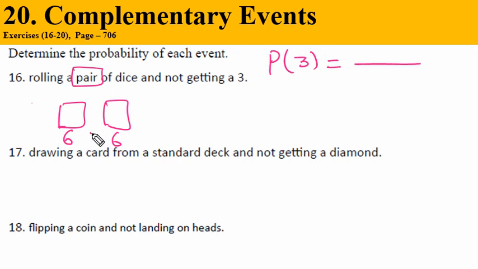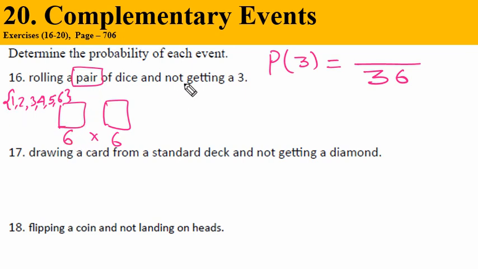So the total sample space will be 6 multiplied by 6, which gives you 36, right? I hope you know the sample space. How am I getting this 6? Because on one dice you have 6 numbers: 1 2 3 4 5 6. If you count them, the sample space is 6.